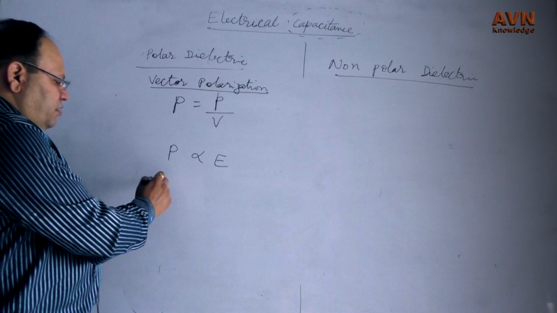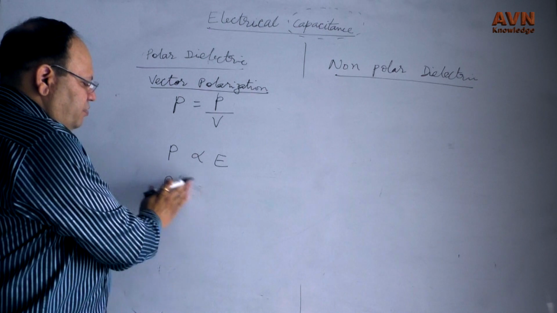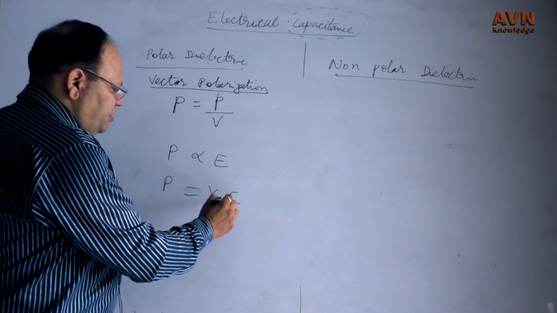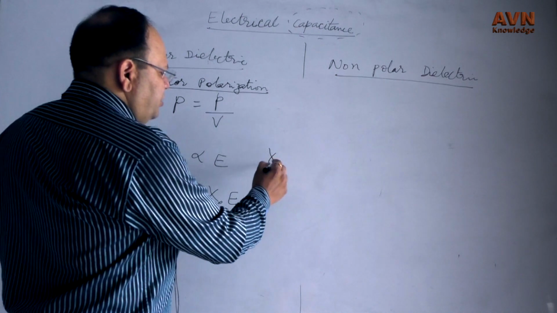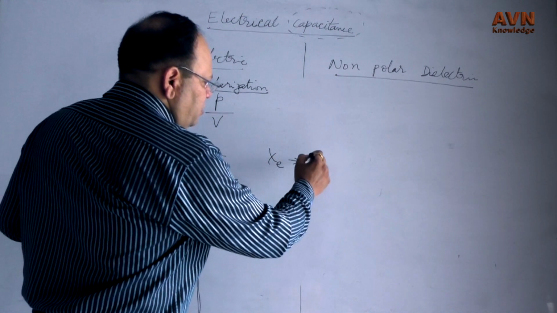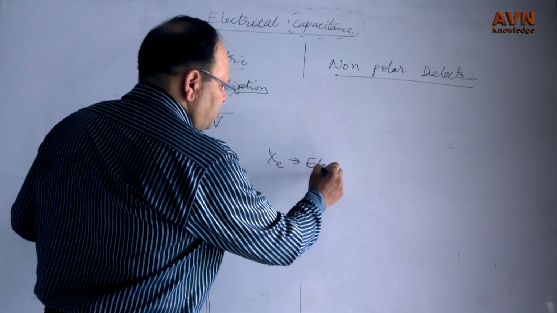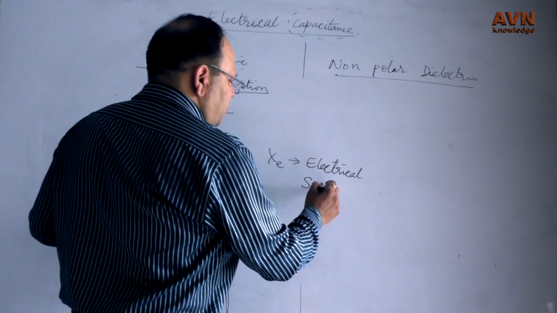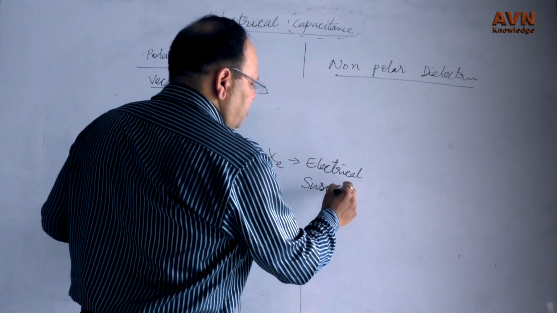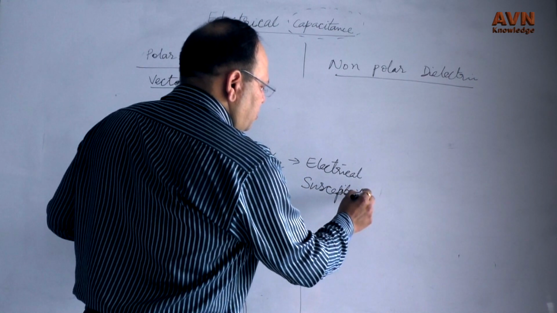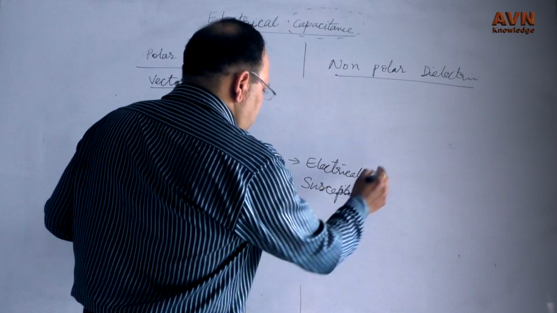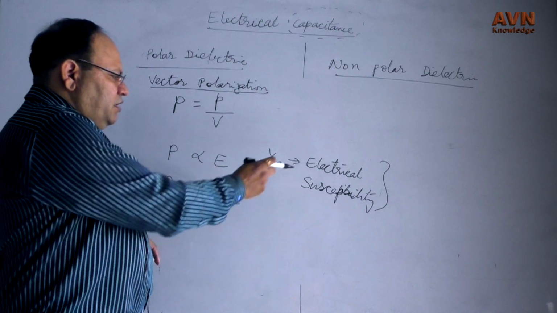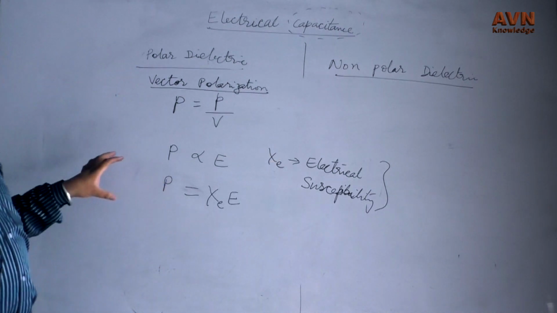Here we use a constant, chi e. What is chi e? Chi e is an electric constant, that is called the electric susceptibility.